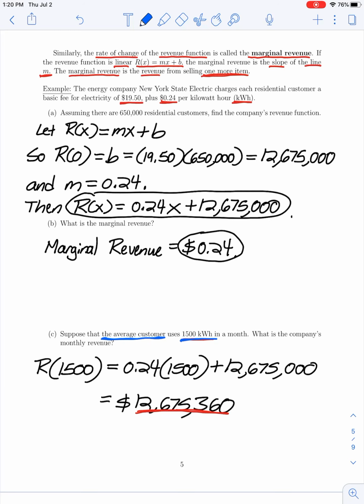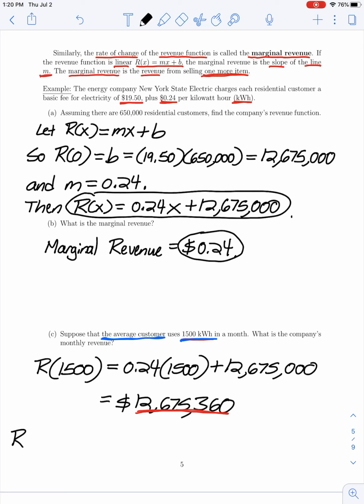So in this case, the total number of kilowatt hours used would be 1,500 per customer times our number of customers, which was 650,000.